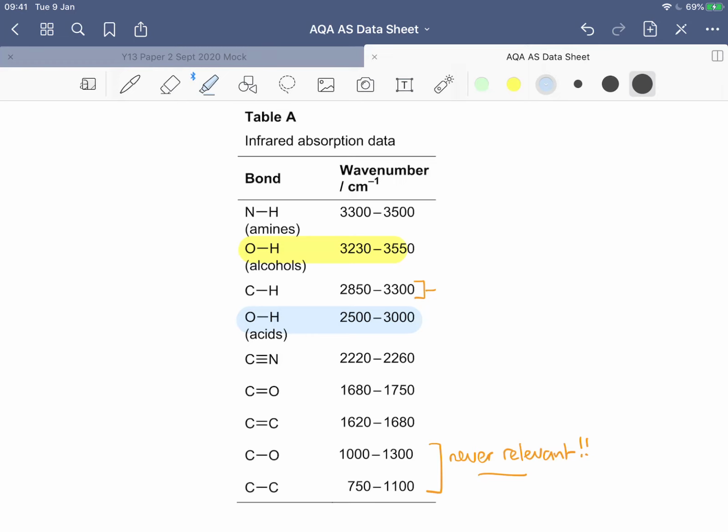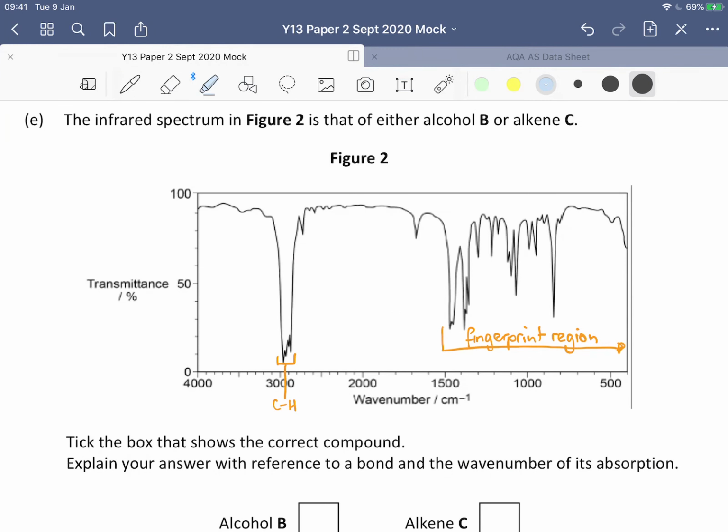Essentially the absorption for the OH of the acid and the absorption for the CH merge, which is why you get that very broad absorption. You'll often see a little spiky bit on the right hand side of a broad absorption for a carboxylic acid. Anyway, that's what we've got. We've got CH there, so that'll always be there, and then the fingerprint region will always be there.